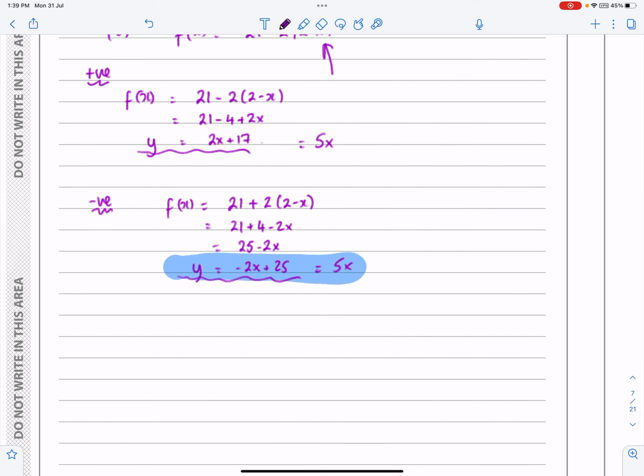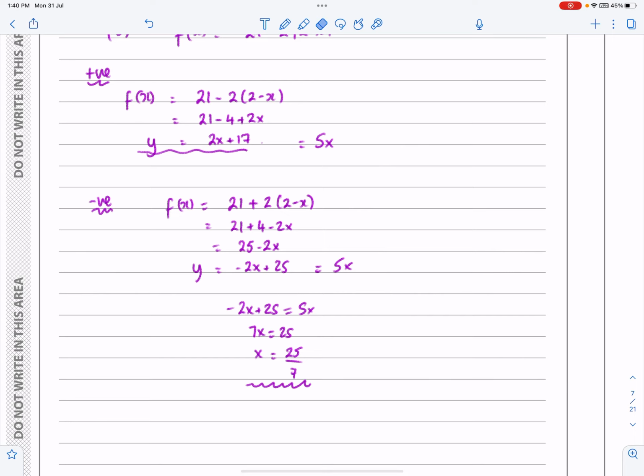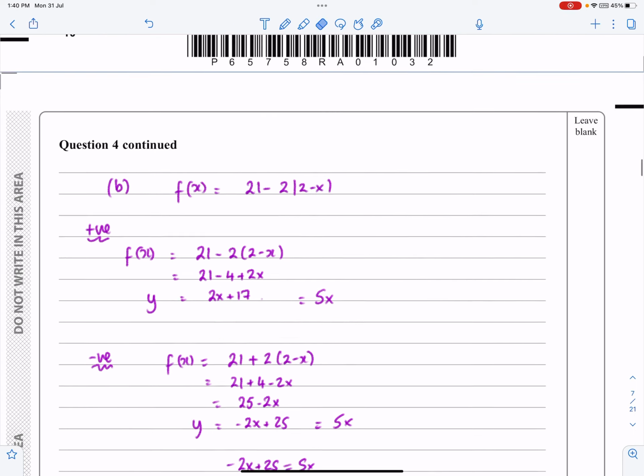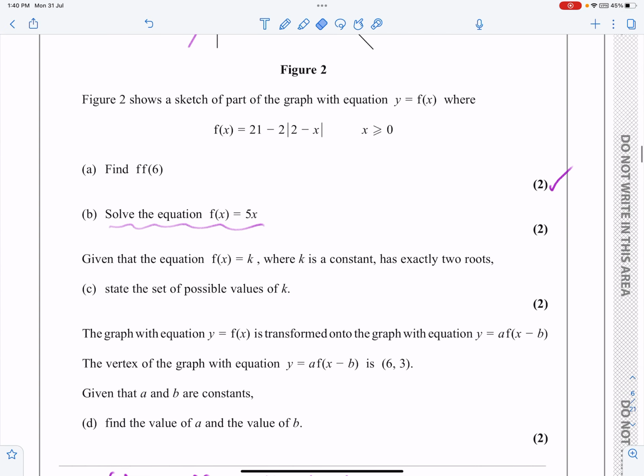So minus 2x plus 25 equals 5x, which gives me 7x equals 25, x equals 25 over 7. That means I've solved that second part, just the single solution.